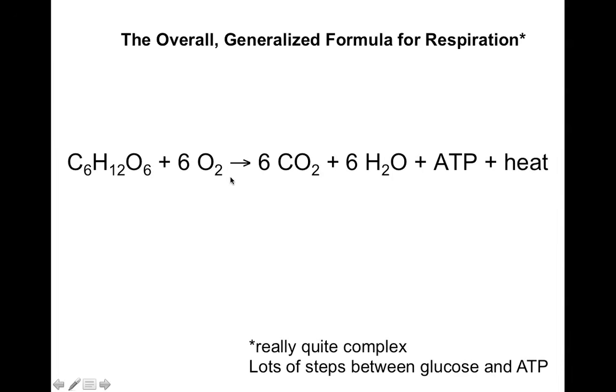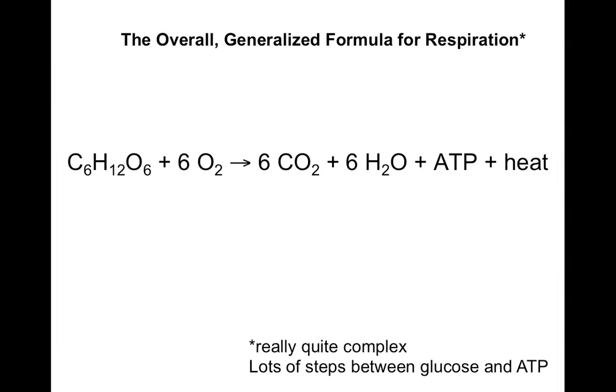And you can see that this arrow is only pointing from left to right, suggesting that it's not a reversible process. And the reason that it's not a reversible process is because there's so many steps along the way that we really have it only going in one direction in the mitochondria, in the cell.